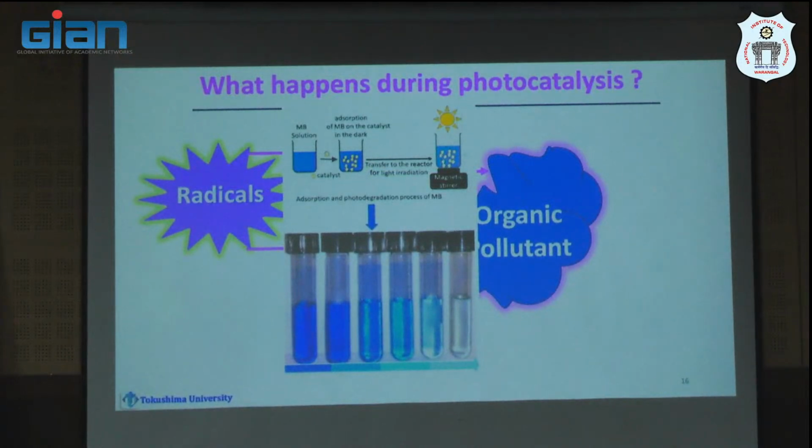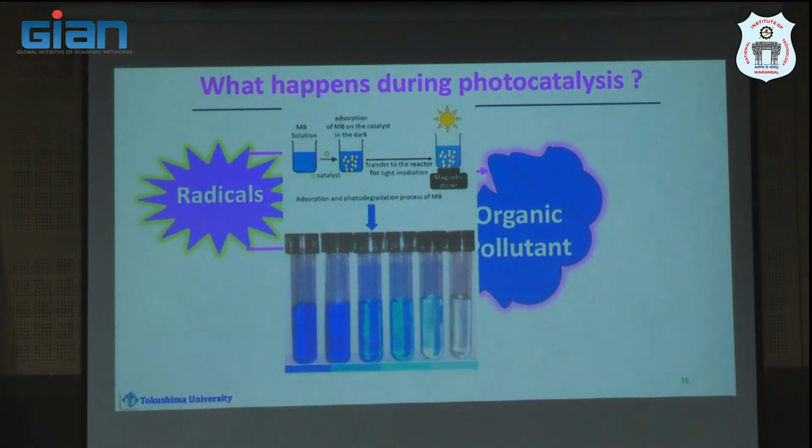Earlier, when we put some kind of organic pollutant in the water, the color is blue. It is methylene blue. Then you put the light and check after 10, 20, 30, 40, or 60 minutes, and the color of the solution changes. This shows the formation of clean water with the help of photocatalysis, which creates this hydroxyl radical.